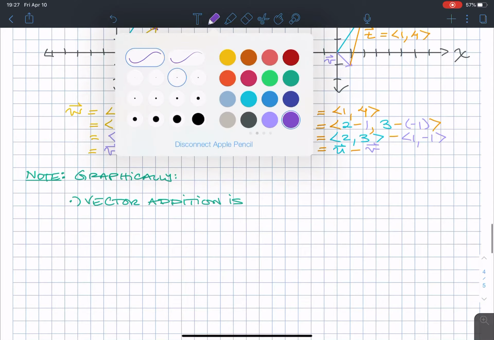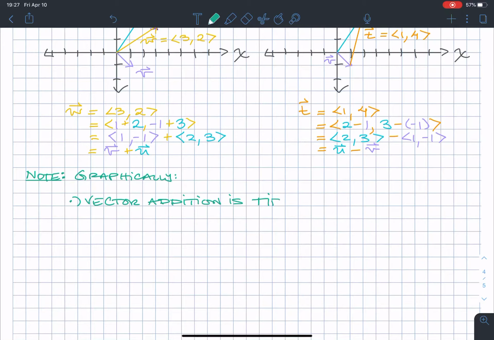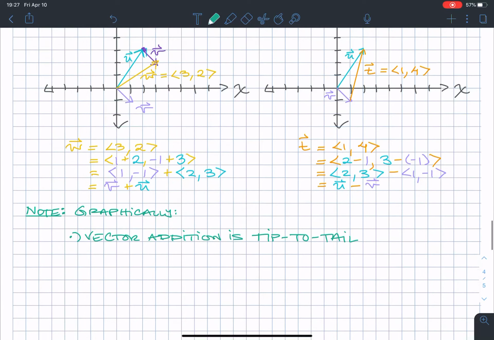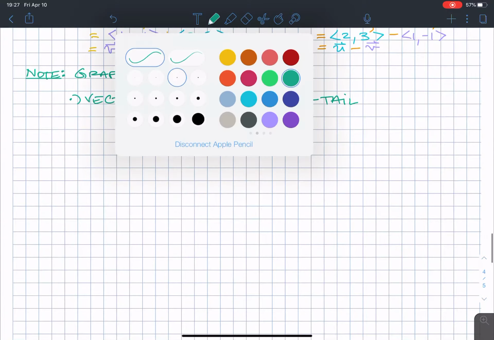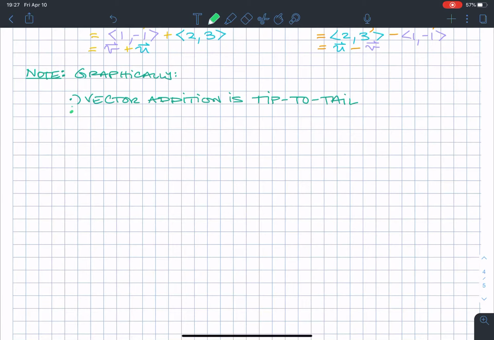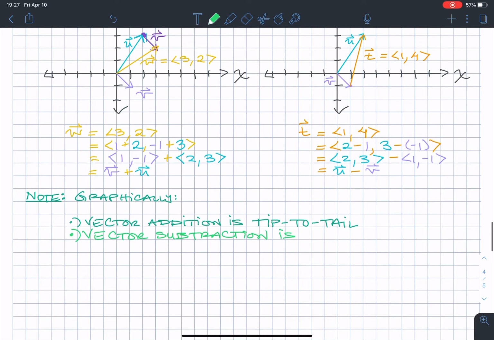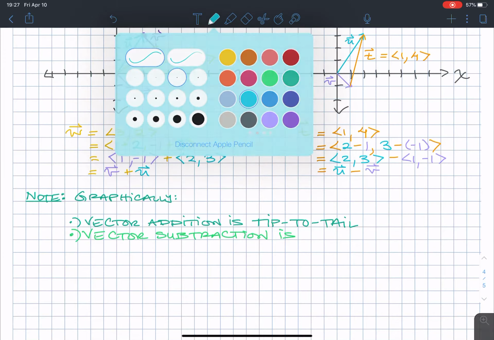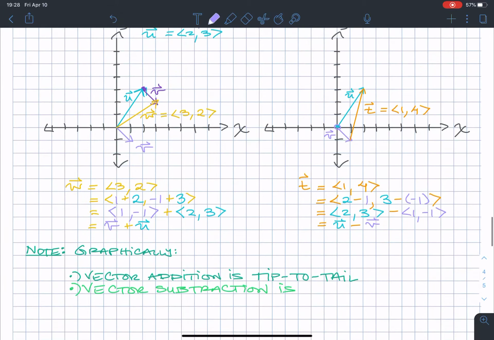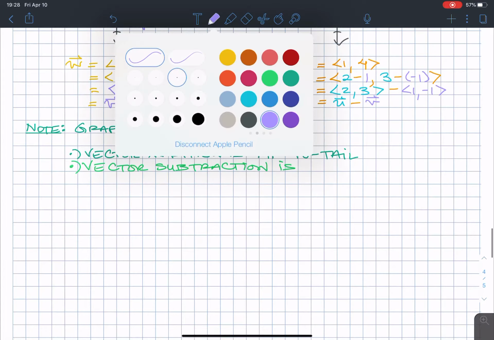So we call that tip to tail. That's how you add vectors graphically. And vector subtraction is tail to tail. Do you agree both the tail of u and the tail of v are coincident? So it's tail to tail.